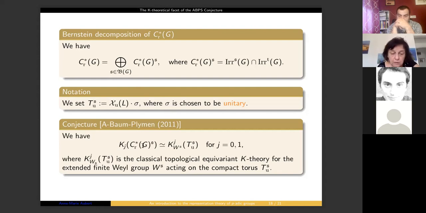We look at the K-theory, the usual K-theory of, in Baum-Connes, you consider the K-theory of a C-star algebra.